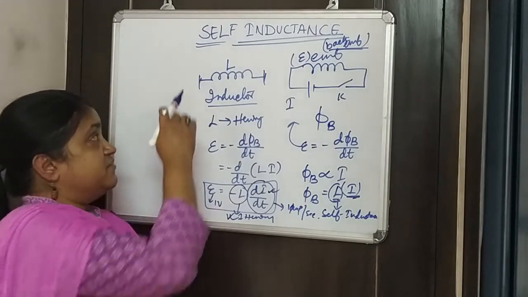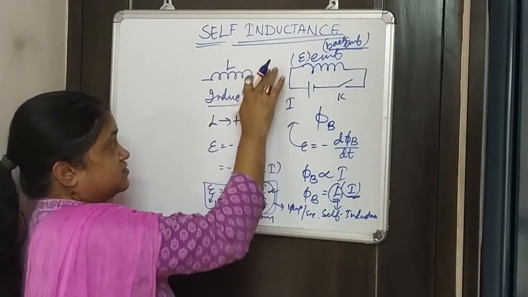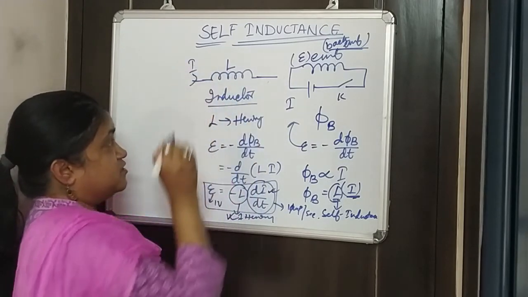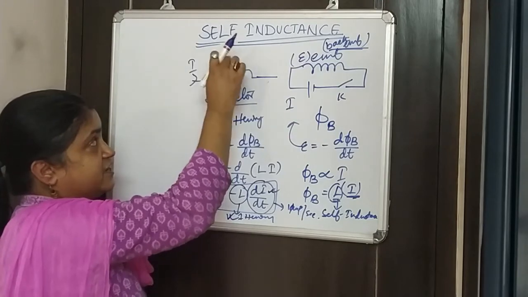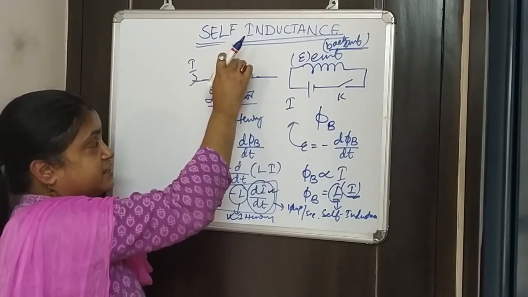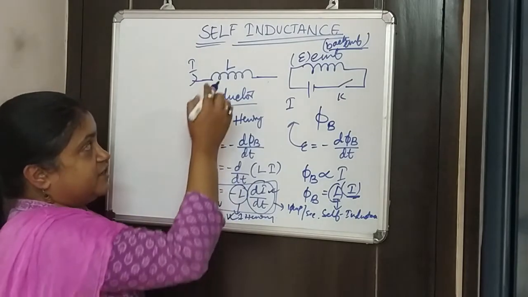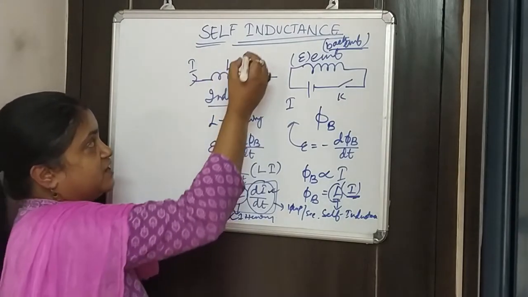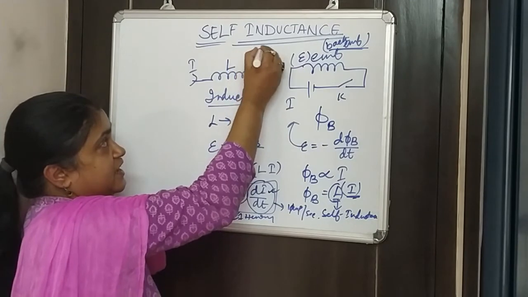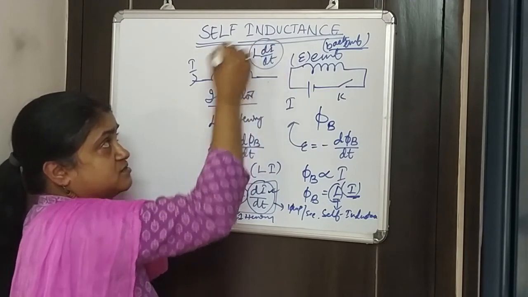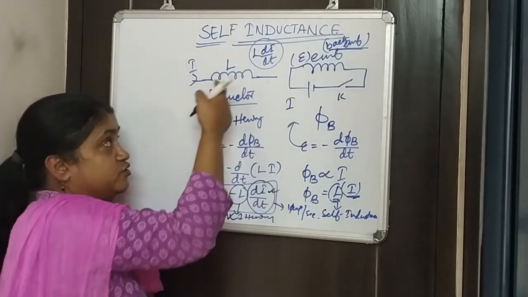Now suppose you give any kind of current through it, then there would be an EMF, and that EMF will be L dI/dt. So this will be the EMF produced.